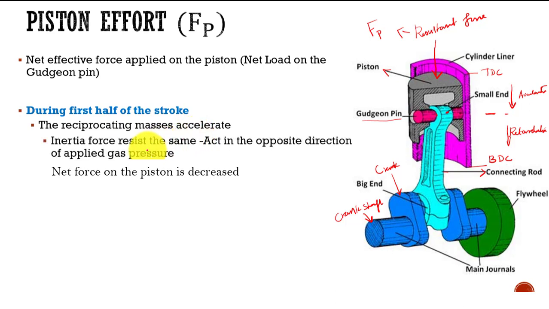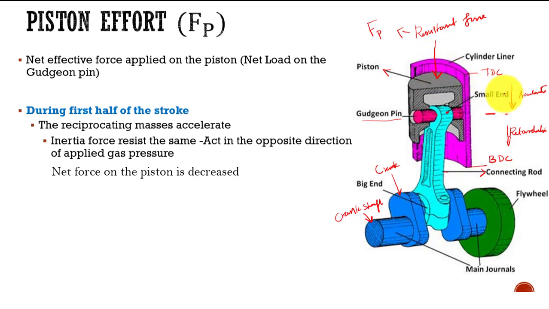So the inertia force resists the same, that means the piston effort is being resisted by the inertia force. Because the inertia force acts in the opposite direction to that of the applied gas pressure, that means the gas load.